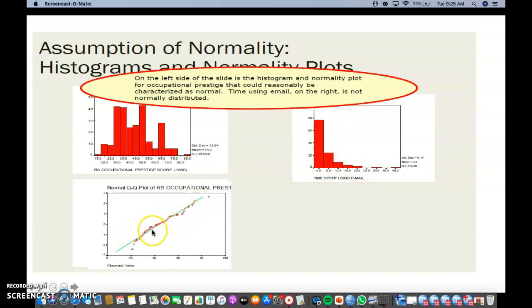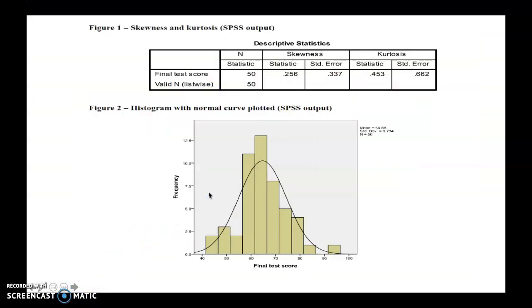Now let's look at the QQ plot. If the dots are near the line, the data is normally distributed. Besides using graphs, you can also test it using statistical tests, for example skewness and kurtosis. The range of values for skewness and kurtosis is between -1 and +1. In this case, the data is normally distributed as the values are between -1 and +1.